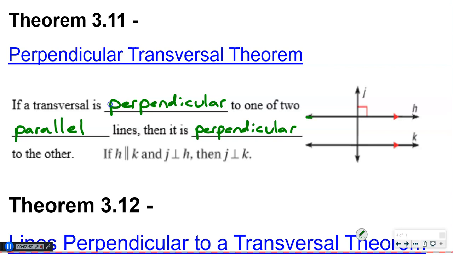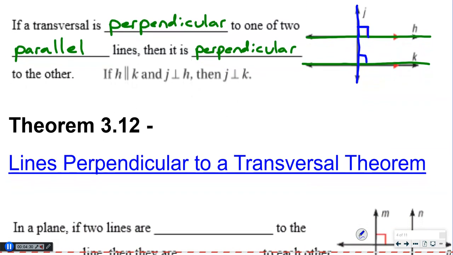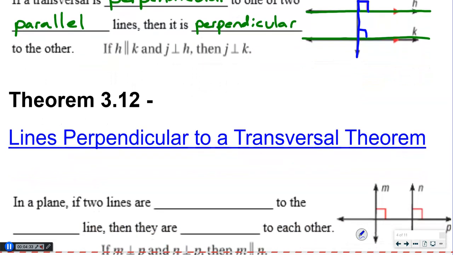So if H is parallel to K and J is perpendicular to H, we see that there, that it's a 90-degree angle, then J is also perpendicular to K. That's what we're saying there. So then, again, that only deals with H and K being parallel.